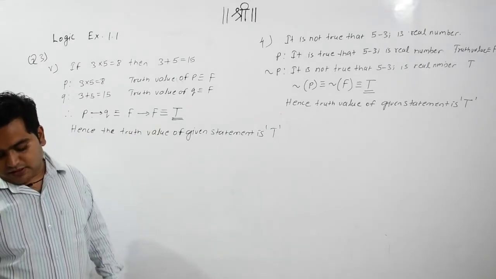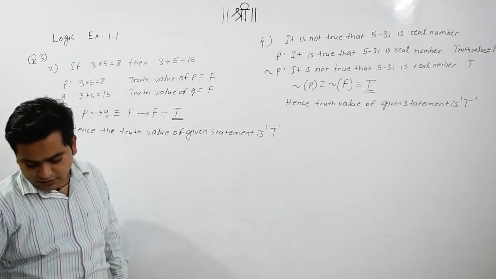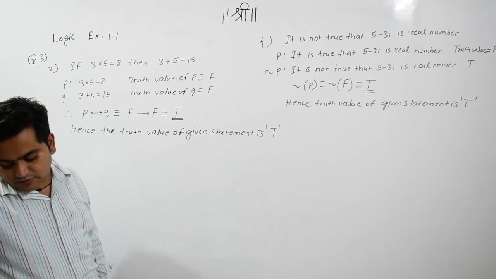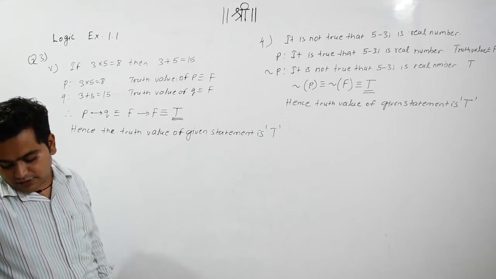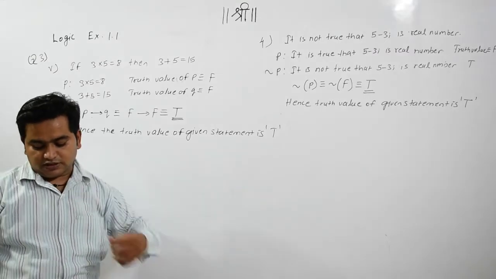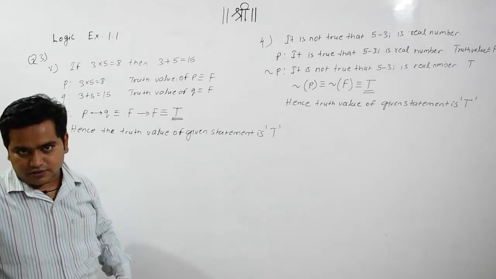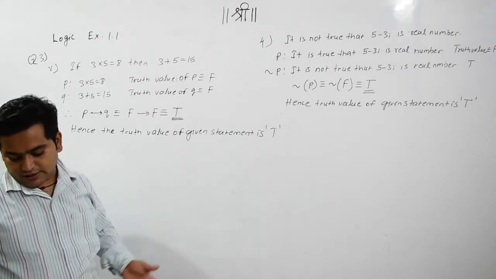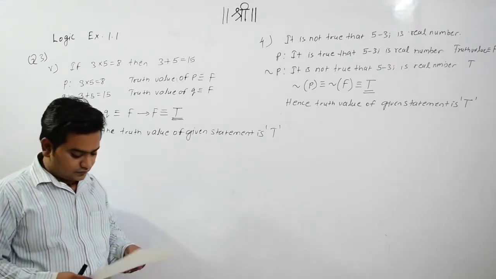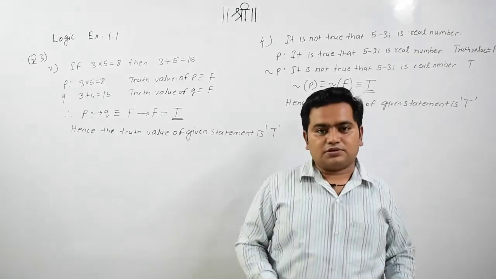You can try it. Now question number 7. Question number 7 says: 24 is a composite number, or 17 is a prime number. By common sense, we all know 24 is a composite number, that's a true value. The next statement says 17 is a prime number.